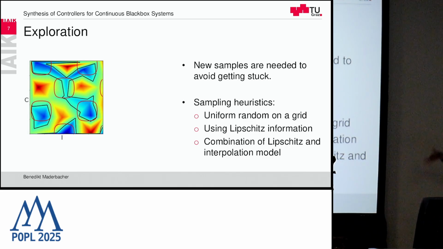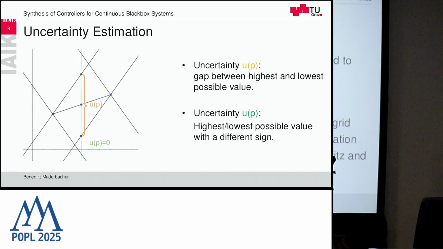The first one is really simple, where we just randomly sample on a grid to get just some completely unguided samples, so we're not getting stuck with some kind of heuristic. The second one is going to use the Lipschitz information, and the third one is actually a combination of what we already know from our interpolation model and the Lipschitz assumptions.